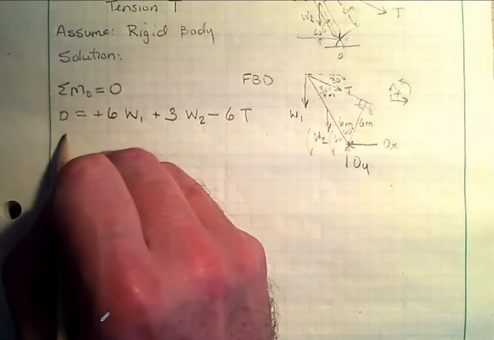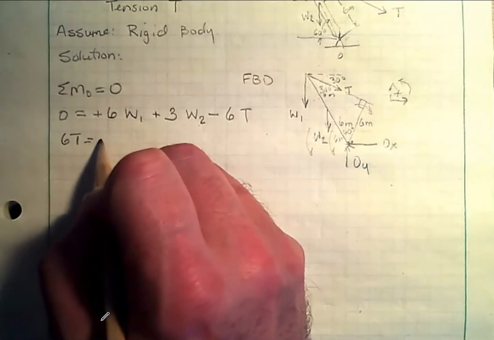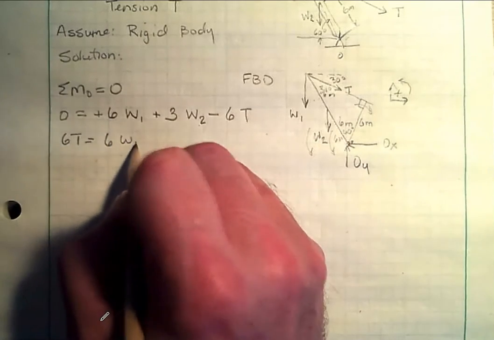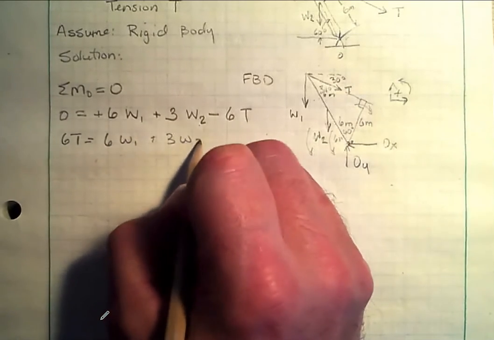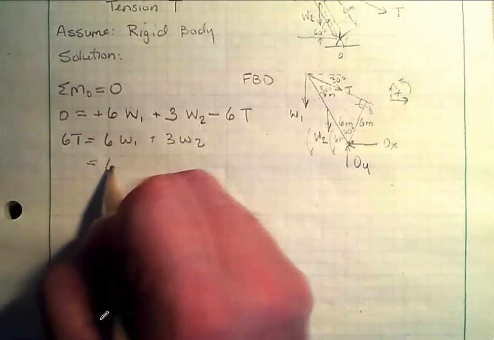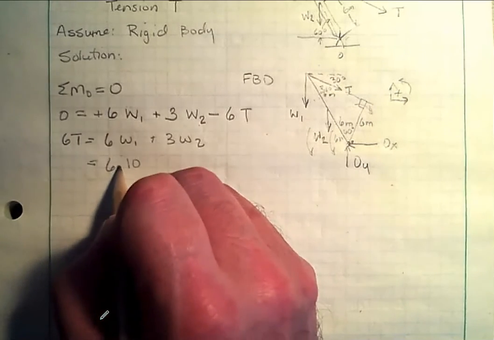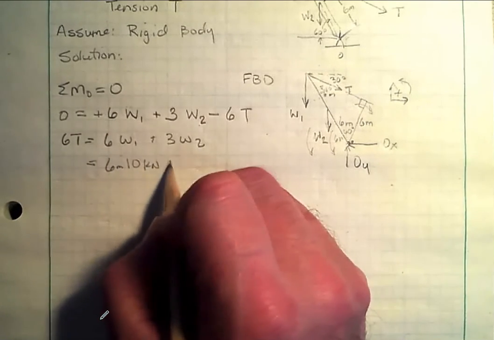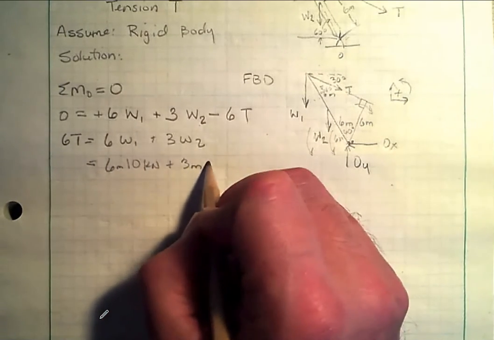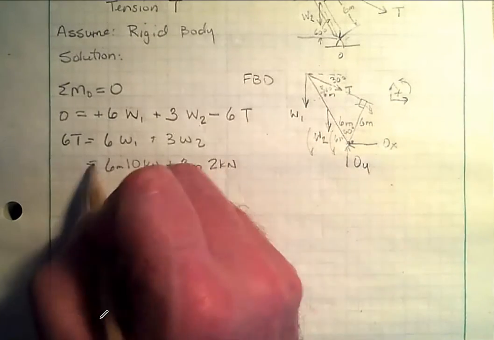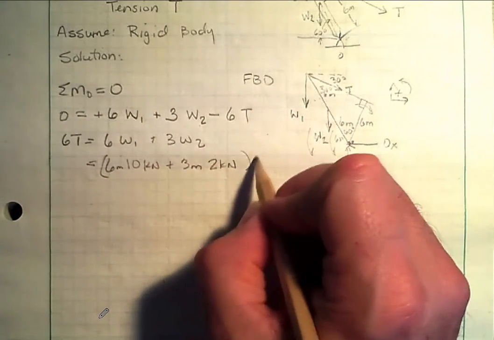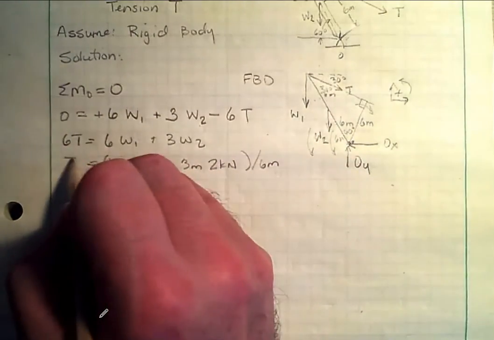So we can manipulate it around. 6T is going to be equal to 6 times W1 plus 3 times W2, which equals 6 times 10. That's 6 meters times 10 kilonewtons, plus 3 meters times 2 kilonewtons. All of this is going to be divided by 6 meters, and that'll give us T.